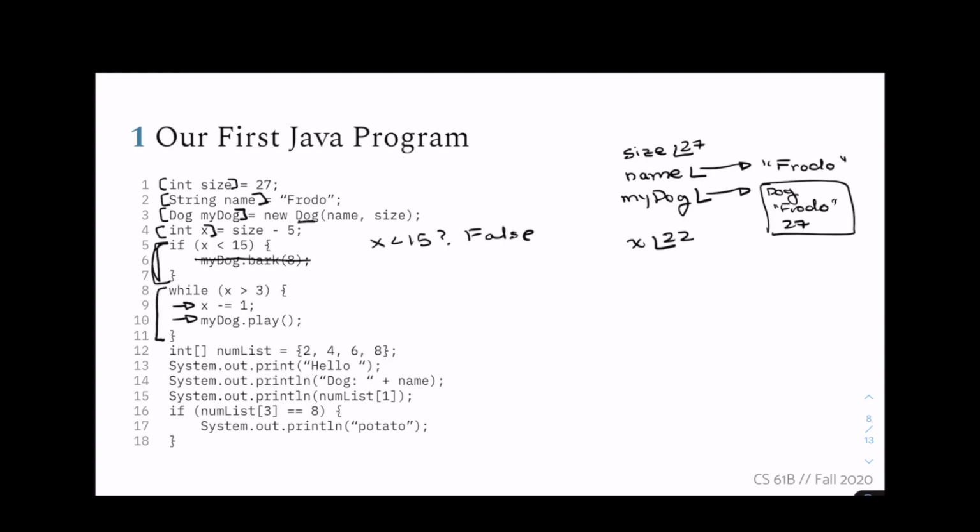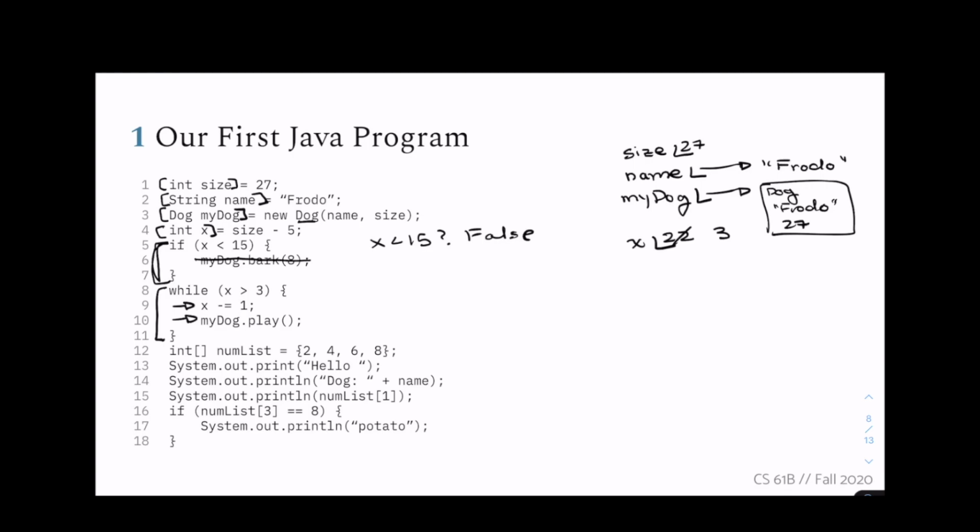So x goes from 22 to 21 to 20, etc., until it is no longer greater than 3. Eventually x will become equal to 3, and the while loop will evaluate as false and we can move on. This means that myDog.play happens a total of 19 times, because 22 minus 3 is 19.